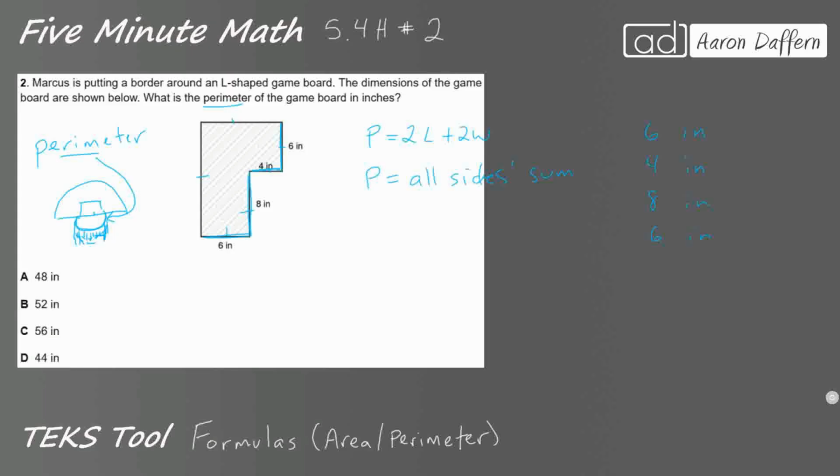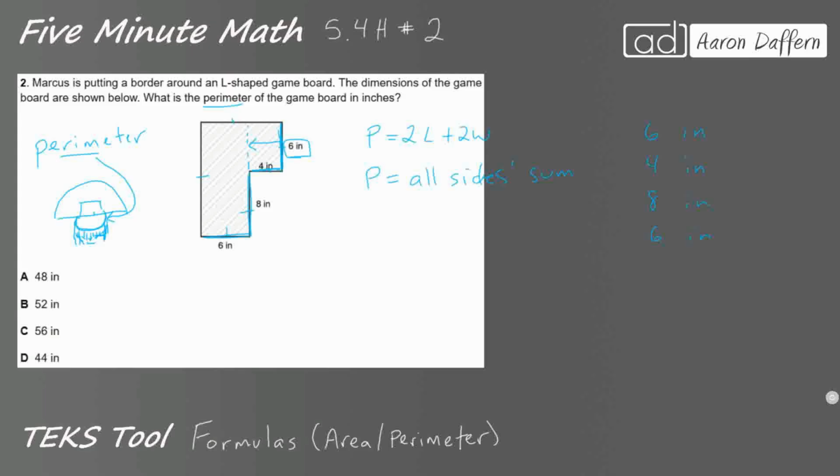Okay, so I'm going to look at this 6 inch side right here. If we were to bring it in, and we're not going to rotate it at all, we're just going to slide it over. It's called a translation. Let's say we detach it from the side and we move it right here.